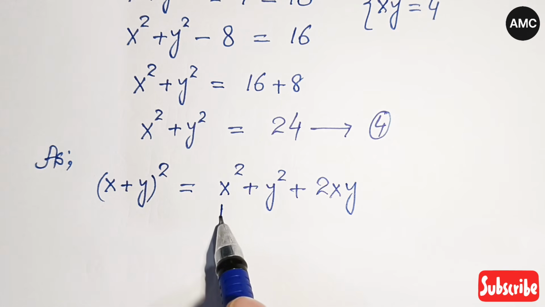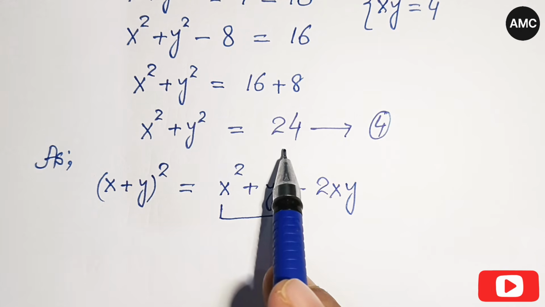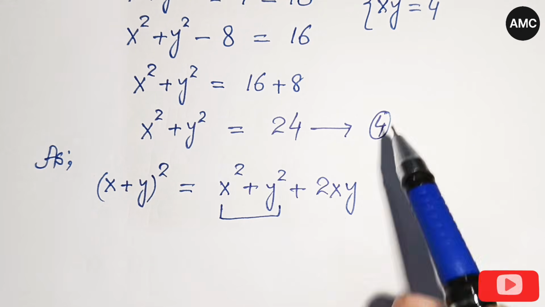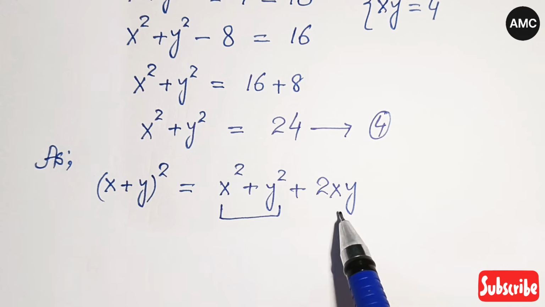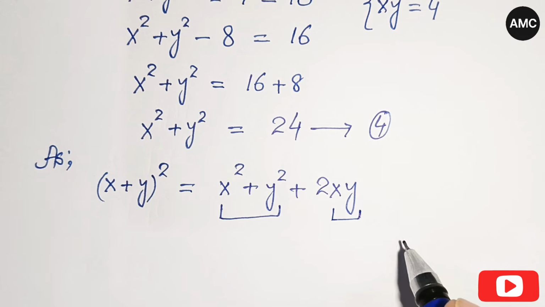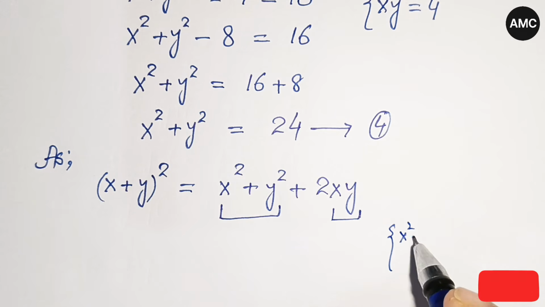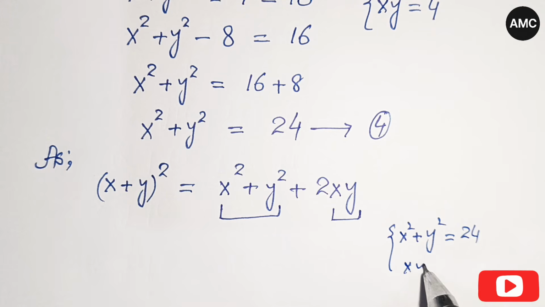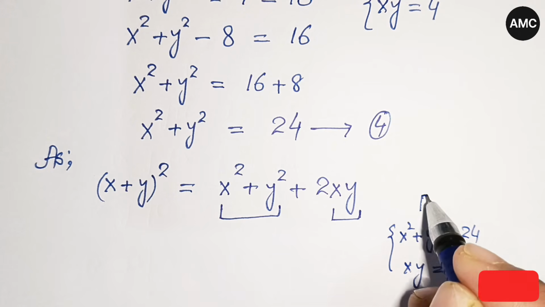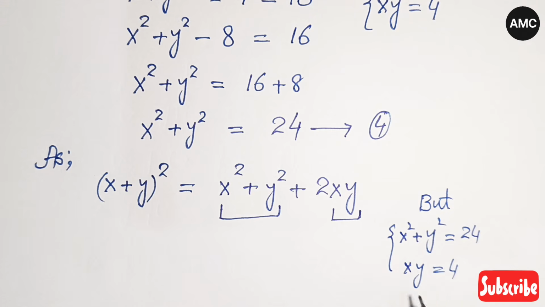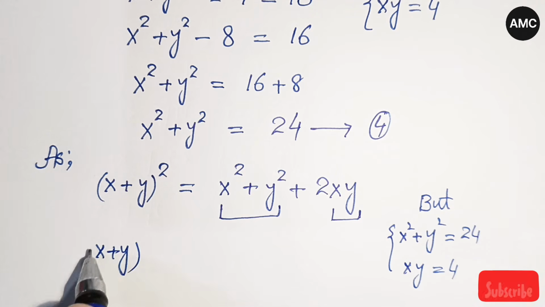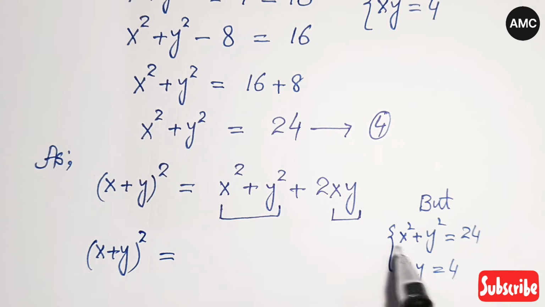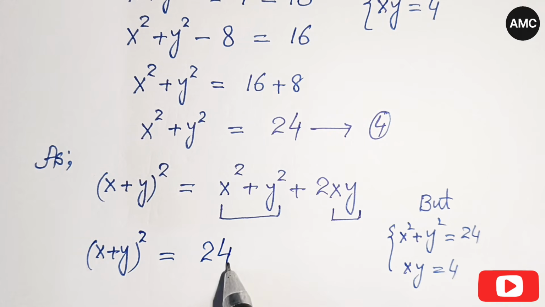Here we have x squared plus y squared equal to 24, and xy according to equation 3 is equal to 4. Putting these two values here, we get x plus y whole squared is equal to x squared plus y squared, which is 24, plus 2 times x times y, which is 4.